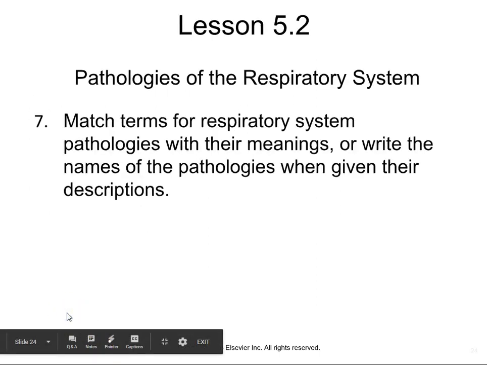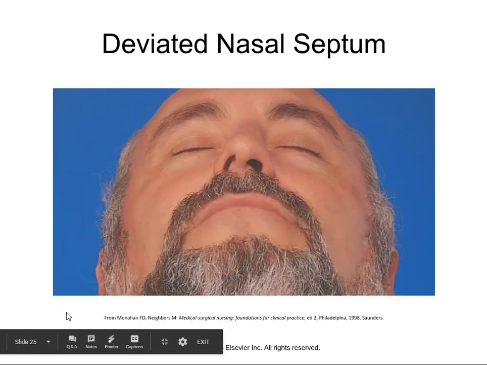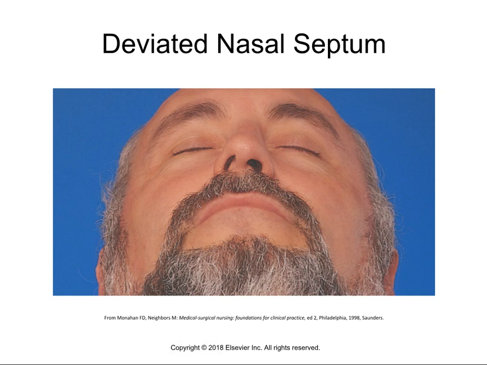All right, next part of the chapter is getting into the diseases and disorders of the respiratory system. So first thing I want to talk about is a deviated septum, or a deviated nasal septum. Okay, this you can see is a shift in that tissue between the nostrils, making them uneven.